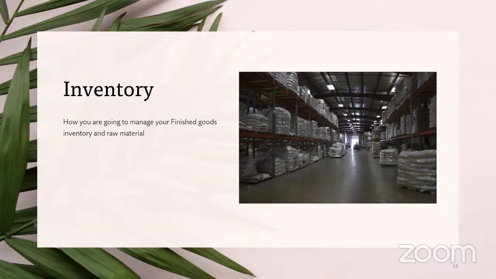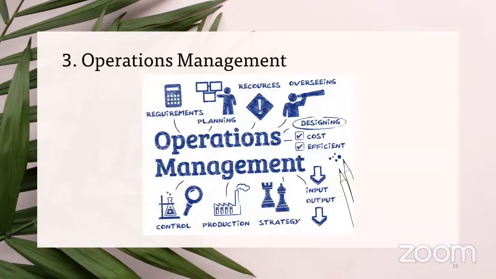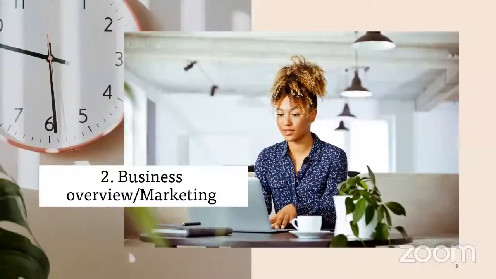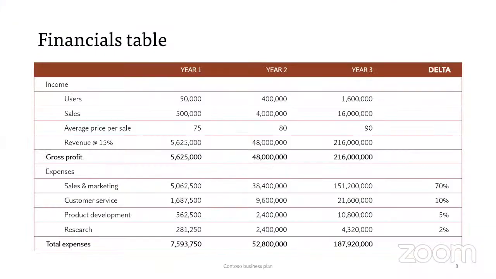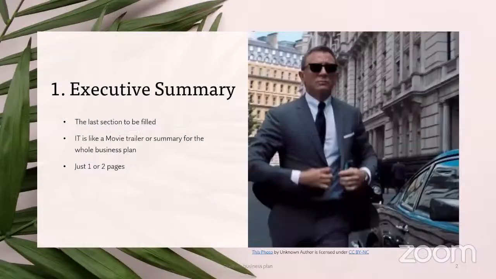So the one who's responsible for the marketing will have the part of the marketing mainly, and the one who has the operations will have the operations part and the financials. Then the executive summary is a collective effort between the team.